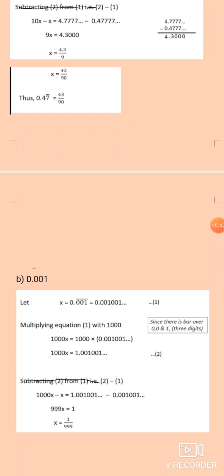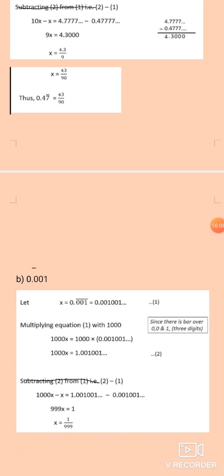Then 1000x is equal to 1000 into 0.001 etc. So when we shift the 3 repeating decimal places into the whole number part, 1000x becomes 1.001 etc. Put equation number 2.